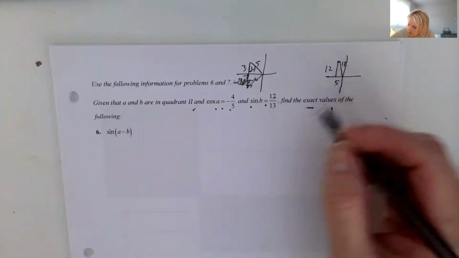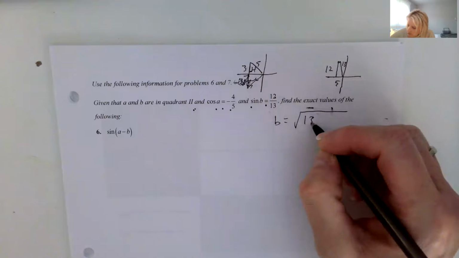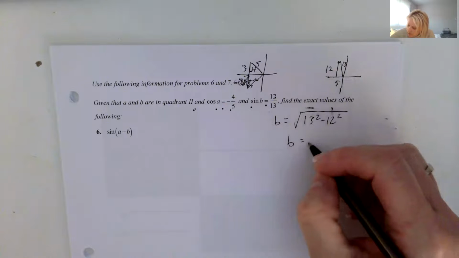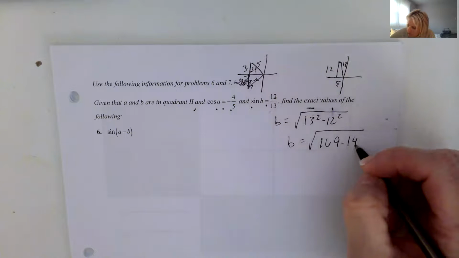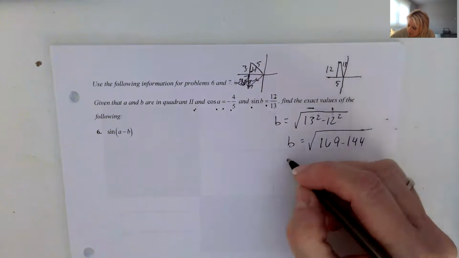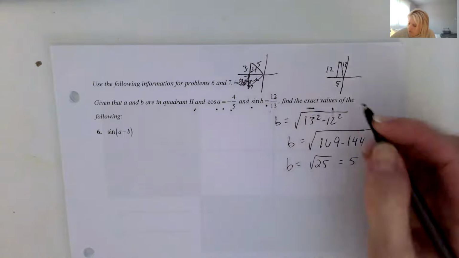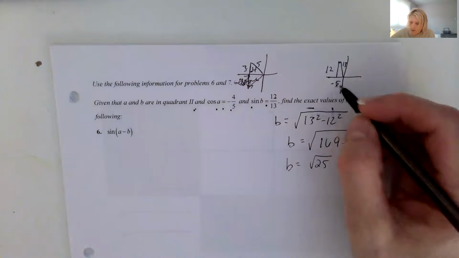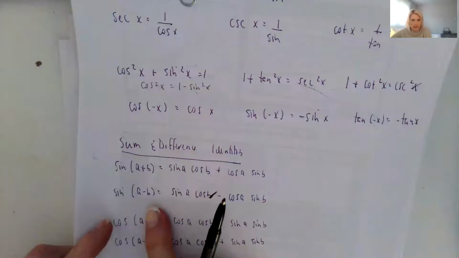And we will show that because the adjacent is equal to the square root of 13 squared minus 12 squared, which is the square root of 169 minus 144, which is the square root of 25 or 5. So yeah, that's 5, 12, and 13, and that's going to be a negative 5 because we're in the second quadrant. So sine of the difference, so the sine of A minus B is right here.